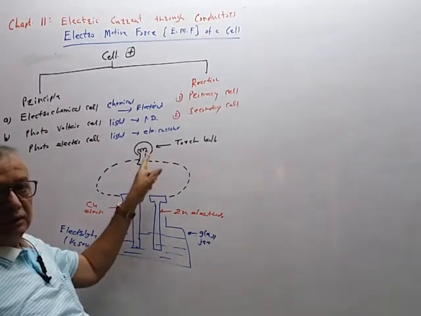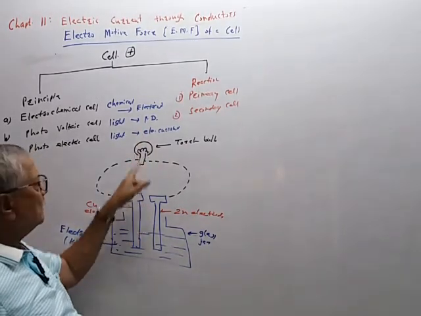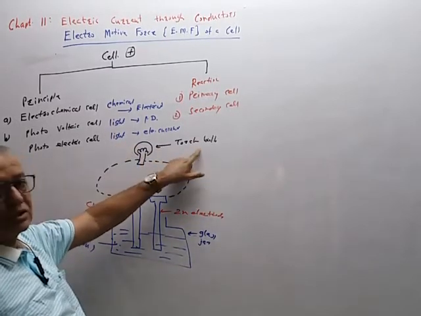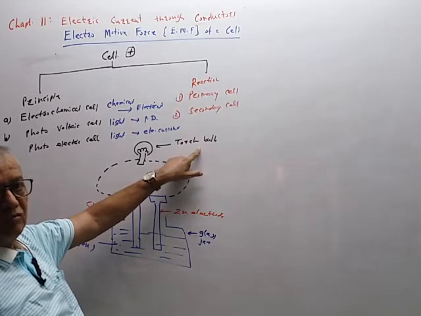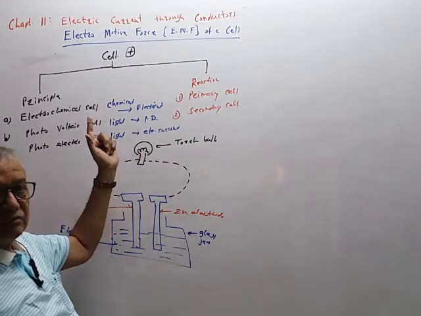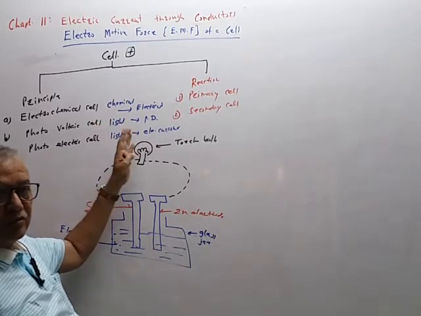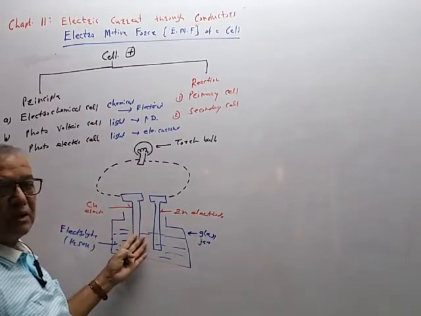When this bulb is connected across this cell, we get light from the filament of this torch bulb. Why? Because there is a flow of current. Now, from where do we get the current? The current is supplied by the cell.